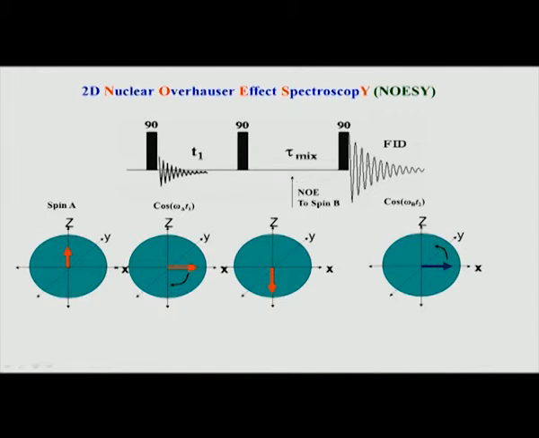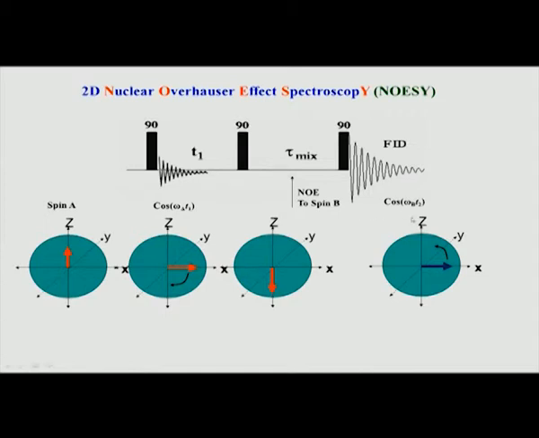So, therefore, when you apply the last pulse, you not only have the B magnetization, but you also have the magnetization from A, which was not transferred at all. So, that will also evolve as cosine omega A T2, which is not written here, but you can think of it that the second time again A will evolve, because A's polarization has not been completely transferred to B.